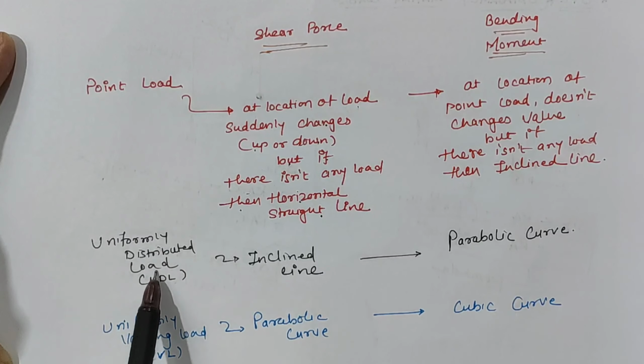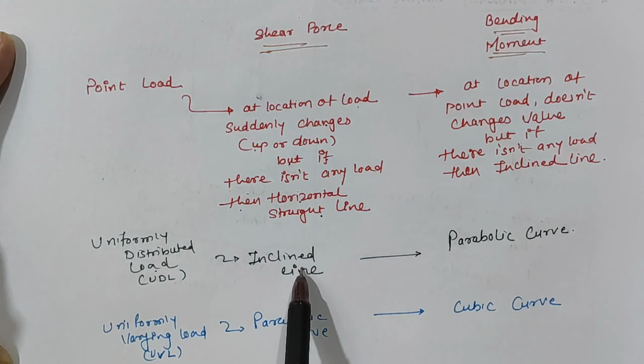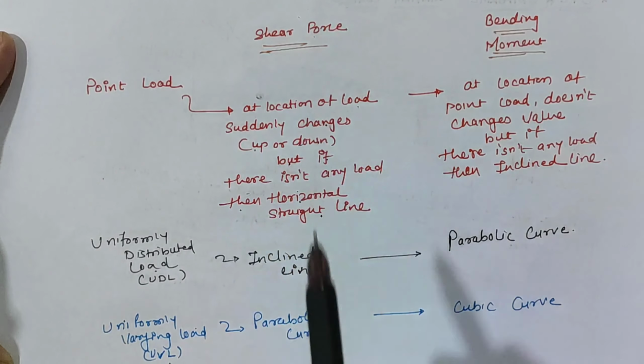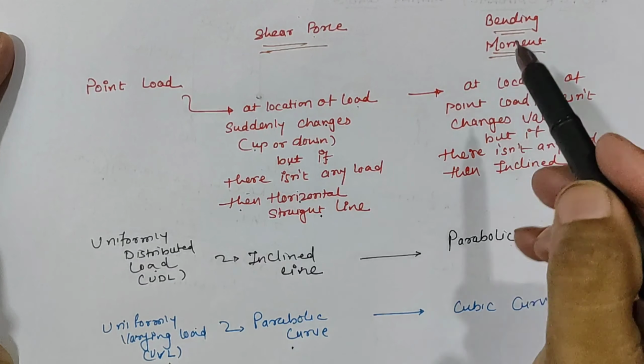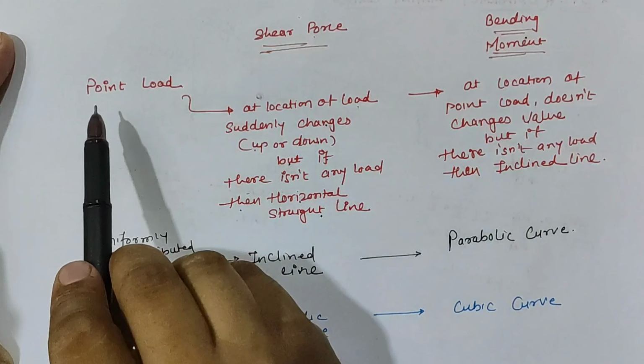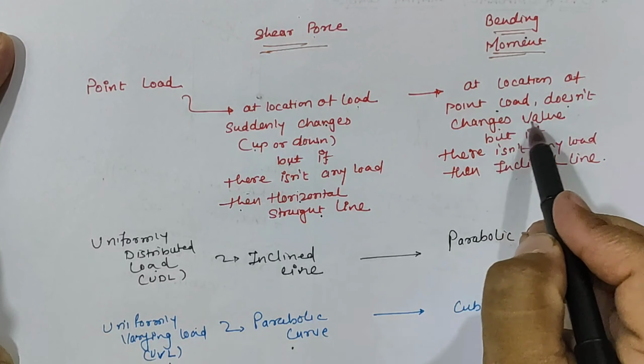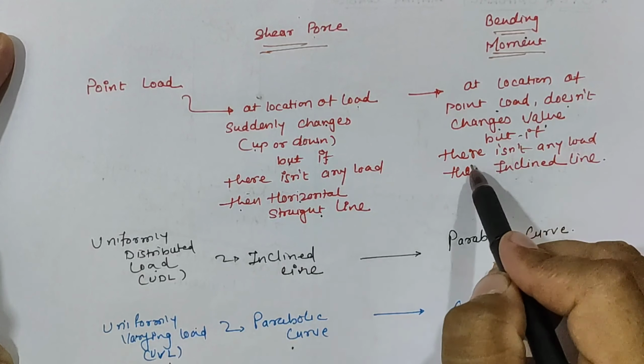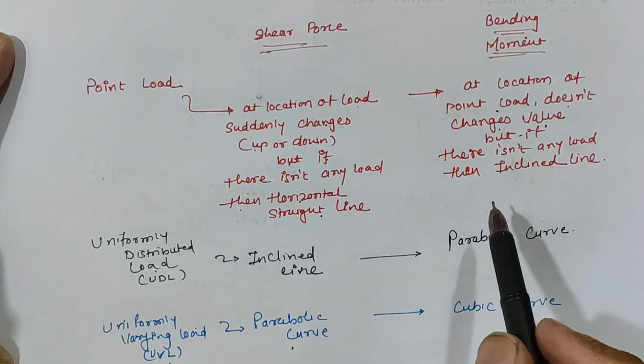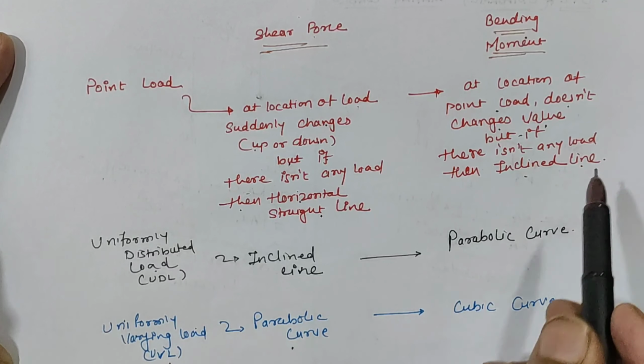For uniformly distributed load, the shear force diagram is an inclined line, and for uniformly varying load, the shear force diagram is a parabolic curve. And for the bending moment diagram, for point load, at the location of the point load, it does not change its value, but if there isn't any point load between 2 points, then it is an inclined line.